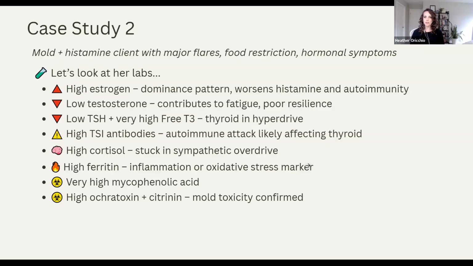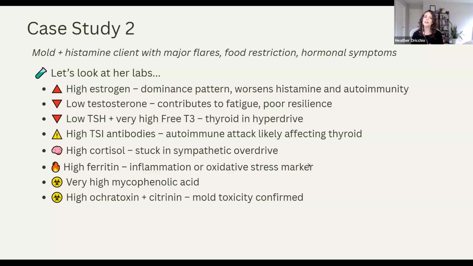She had high cortisol, so she was stuck in that sympathetic overdrive, and high ferritin, indicating inflammation. And then she had very high mycophenolic acid. I will say you cannot use the mycotoxin test as a way to determine if they're getting exposed to mold or not. Clients want to know that.